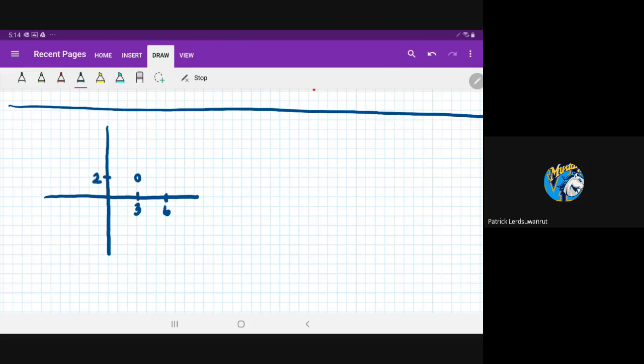And 6 is going to be the y value of 5. I'm going to connect these with a parabola. It's going to hit the x-axis over here at 10 and go down.